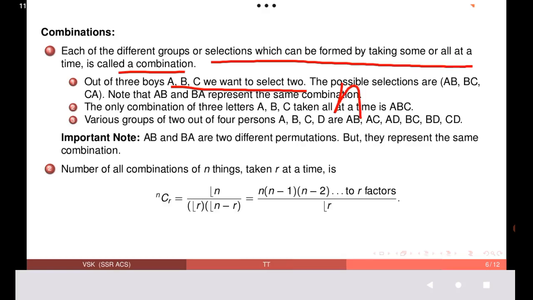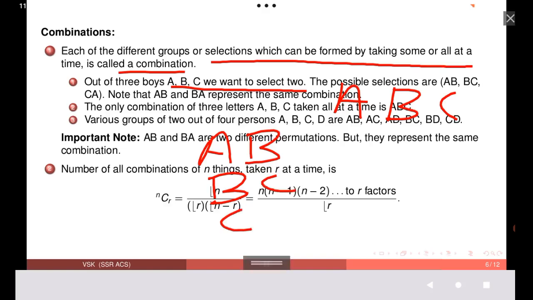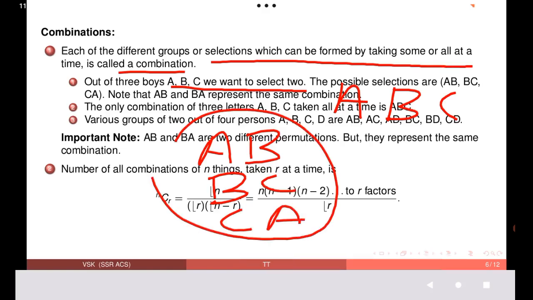So we have 3 boys A, B, C, and we have to select 2 only. So AB will be the first, the second may be BC, and the third will be CA. So these are the only selections, 3 selections will be there. You cannot take AB and BA, because this is the same selection. So these 2 will be same. So here we are not going to consider BA if we are considering AB. So only there will be 3 selections.